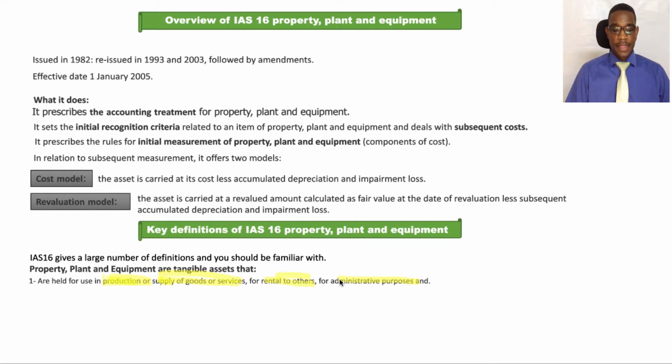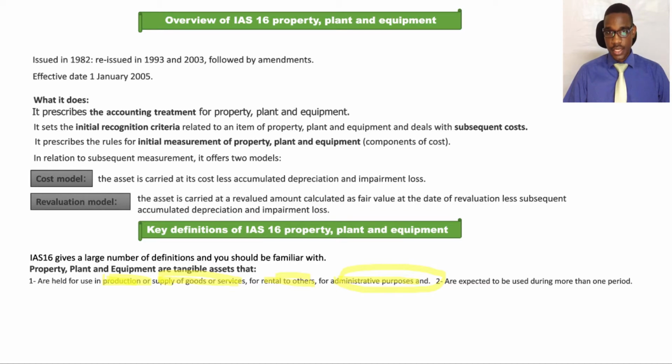But once it starts to use this part of the building or part of the office for the administrative purpose, it is defined as a tangible asset or fixed asset.